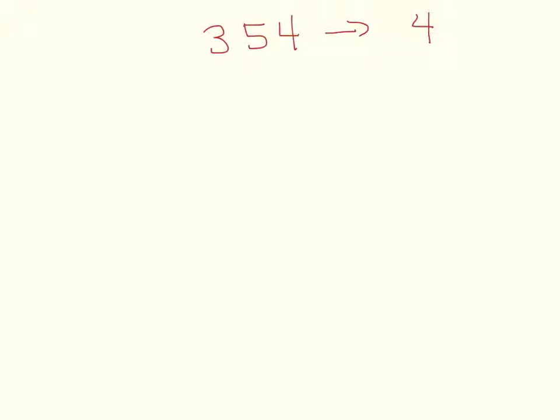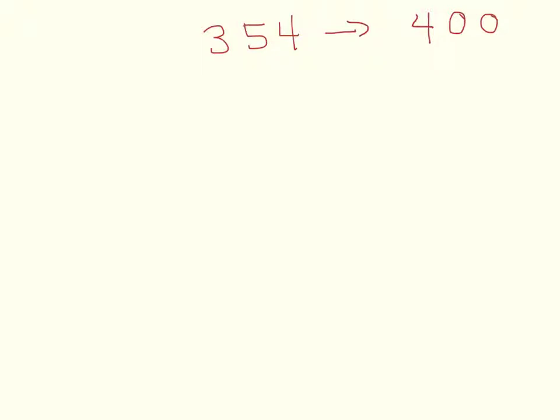And then we turn all of the other digits, these ones, into zeros, because we're rounding. Rounding means we're trying to get to a number that is very simple to use. And we're only estimating, so we don't need the exact answer, okay? So 354 is closer to 400 than it is to 300.